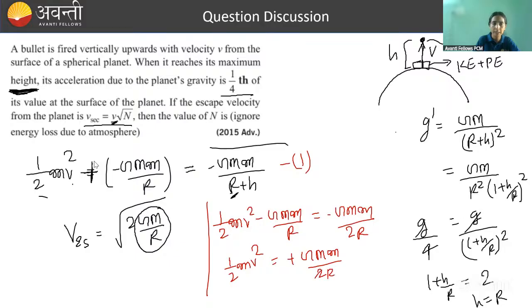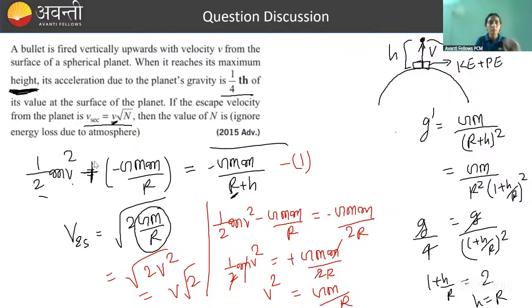So 2 will get cancelled, I guess. Yes, this. So GM by R is equal to how much? v square. If you look here, v square is equal to GM by, not R square, GM by R. So here in place of GM by R, what can we write? v square. So this can be written as 2v square and the answer will be v root 2. So yeah, escape velocity will be equal to v into root 2.